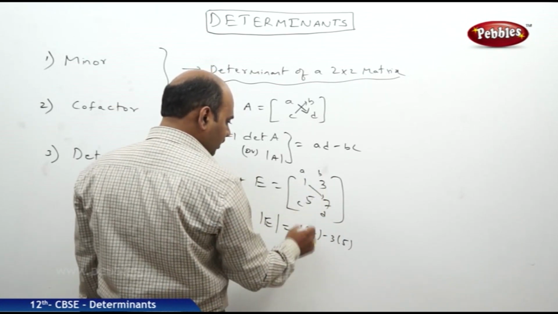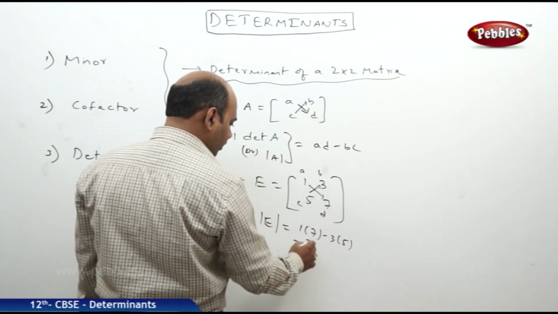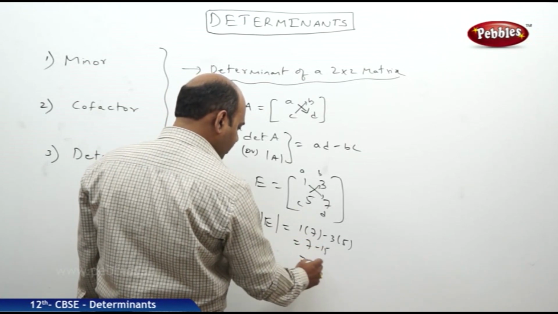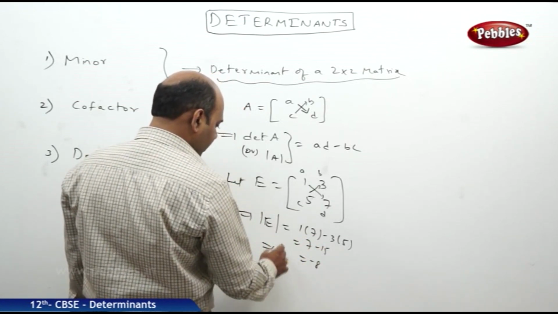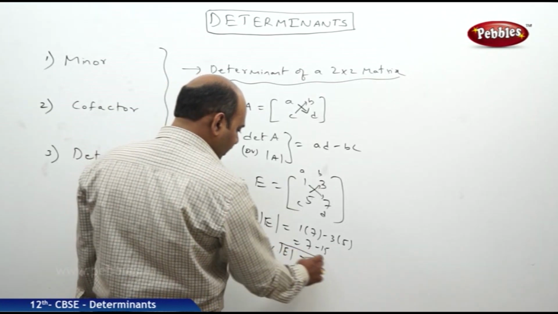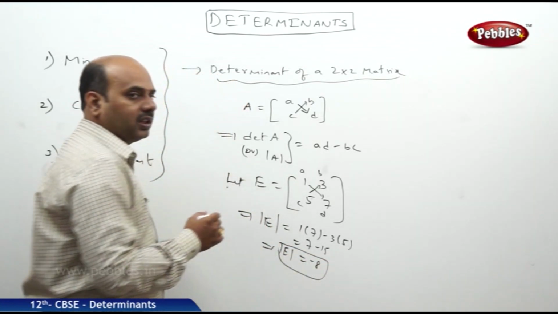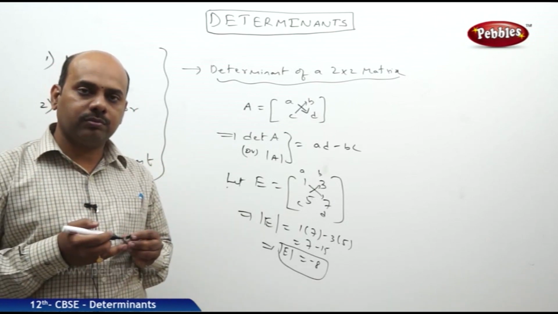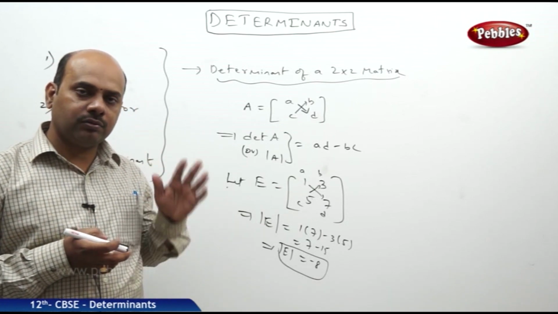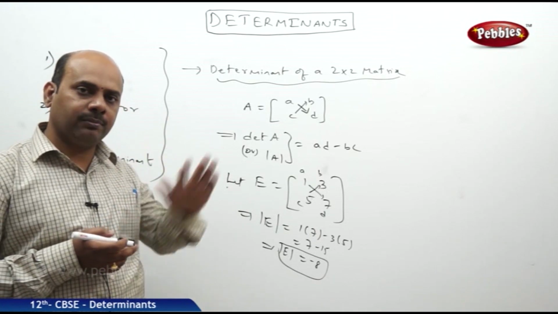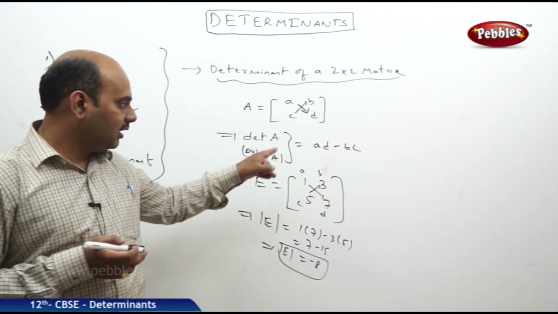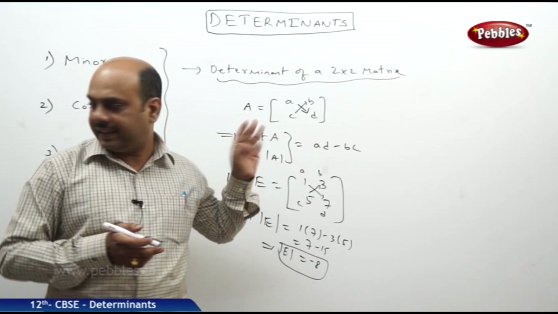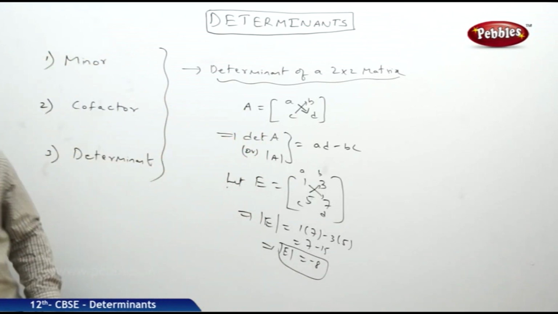That means 7 minus 15, and 7 minus 15 is minus 8. So det A here is minus 8. I think by this time you followed what we mean by a determinant of a 2 by 2 matrix. It is nothing but a real number associated with the matrix, and it is given by the formula ad minus bc.